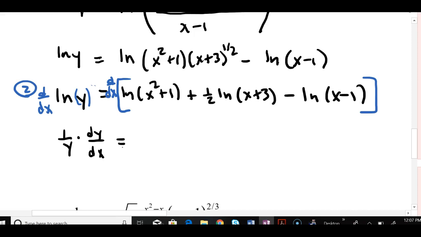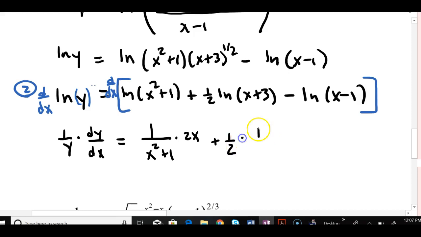On the right side, now we're just differentiating logarithms. So for the first term, the derivative of ln of x squared plus 1 is just going to be 1 over the argument, 1 over x squared plus 1, times the derivative of the argument, 2x, plus 1/2 times the derivative of ln of x plus 3.